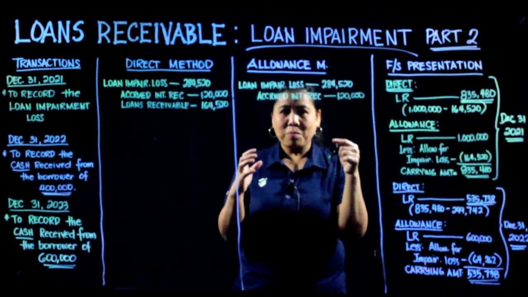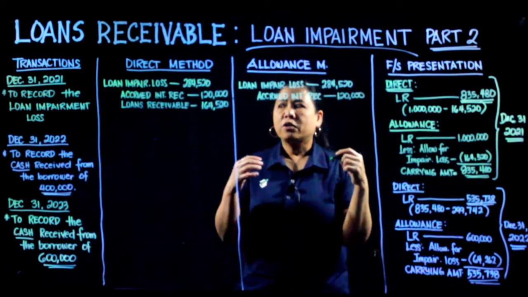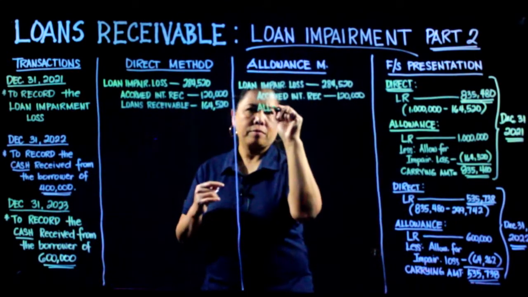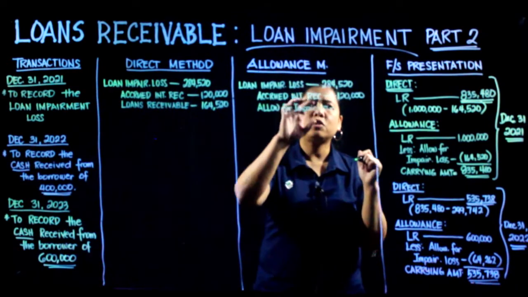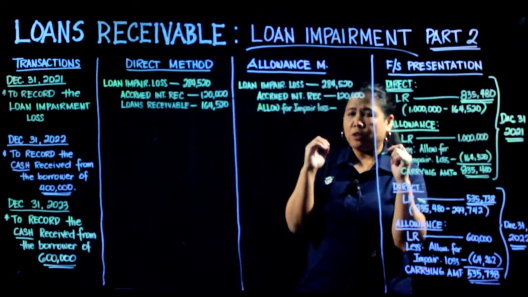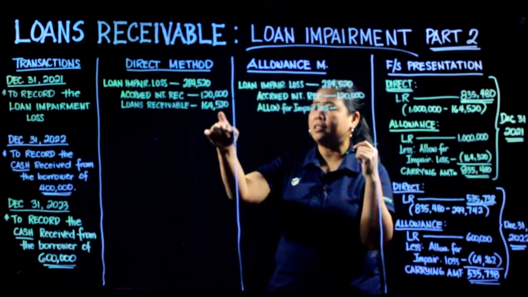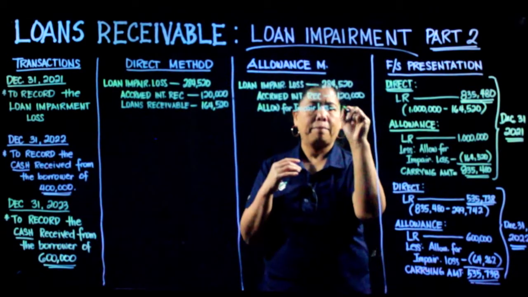Dito sa allowance method naman, is mag-create tayo ng account called Allowance for Impairment Loss. The difference between this 284,520 less our 120,000, ang allowance for impairment loss natin is the same as the 164,520.